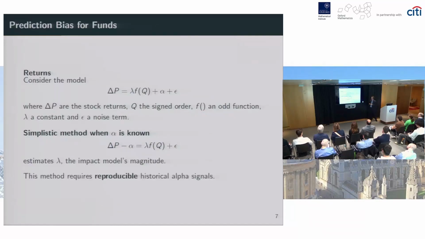However, that requires you to A, observe the alpha, and B, reproduce it historically. The first one is the case I'm more interested in, because as a broker, you're very unlikely to be given the alpha by your client. They just don't like giving it to you. But even if you're in a fund, it's still hard, because imagine you are inside a fund, but trading for discretionary portfolio managers.